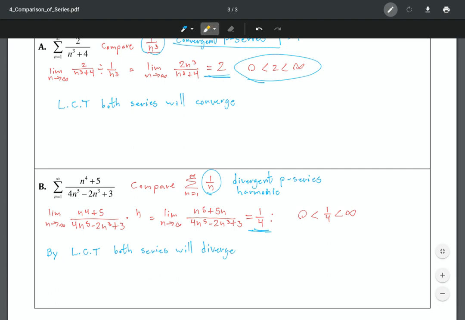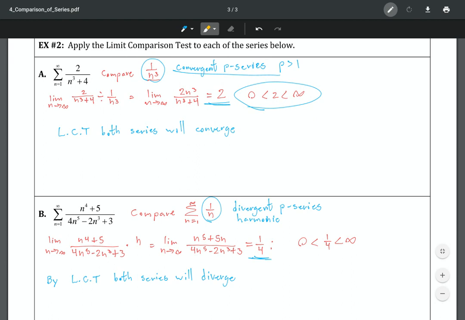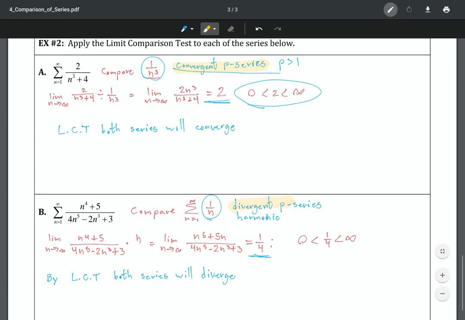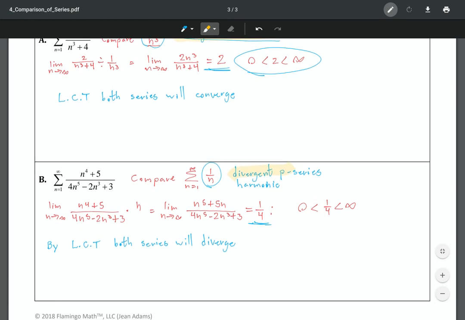Okay, so let me reiterate that one more time, okay? You first need to find a hopefully easier equation to compare it to. Once you have found that, then you need to figure out if it's convergent or divergent, okay? Once you decide that, you still have to do the formula for the limit comparison test, which is right here.